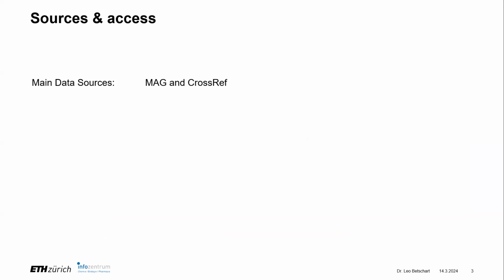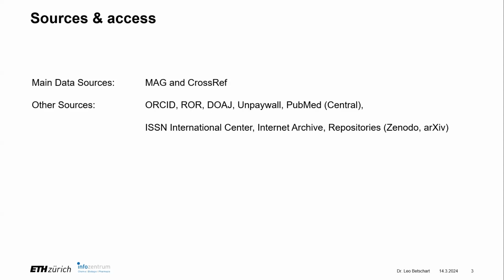Then Crossref is an institution that provides the DOIs, so these numbers that help you find literature or documents online. And other sources include ORCID, maybe you might know DOAJ, or Unpaywall, as I mentioned before, PubMed and PubMed Central, and then there are others, and even they go into repositories.